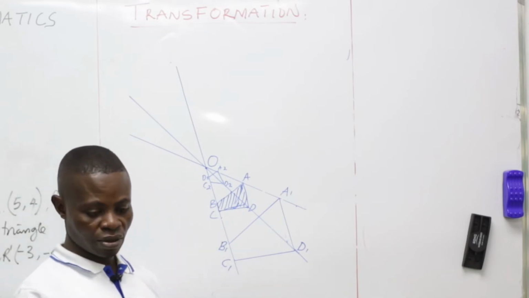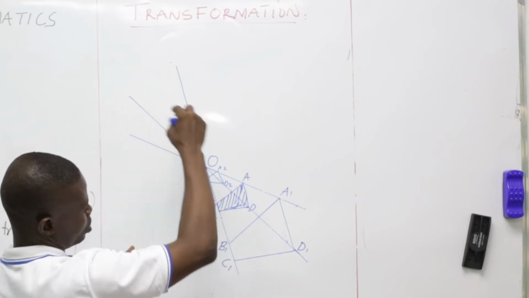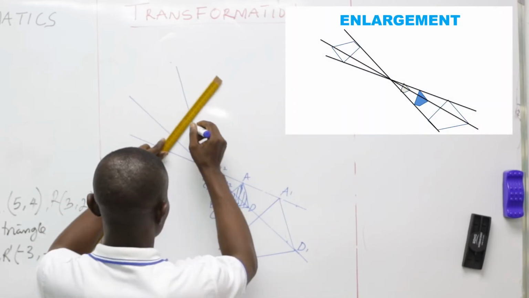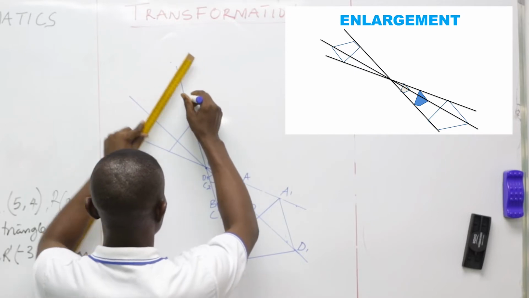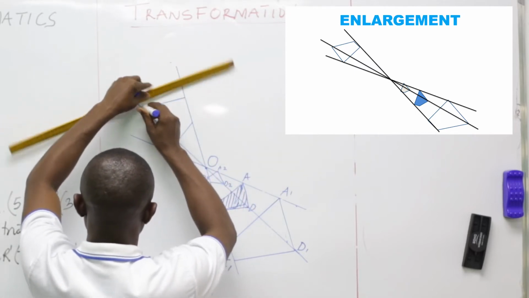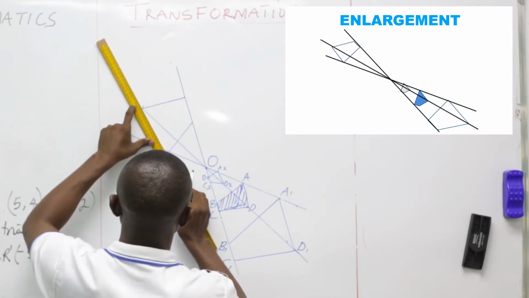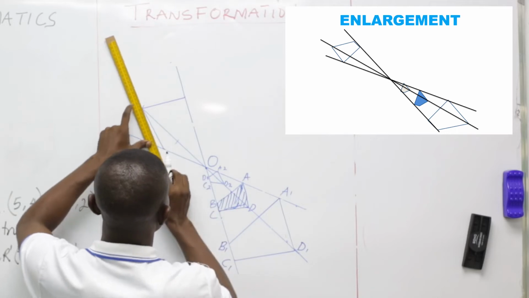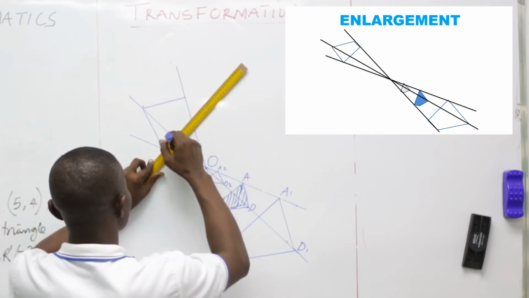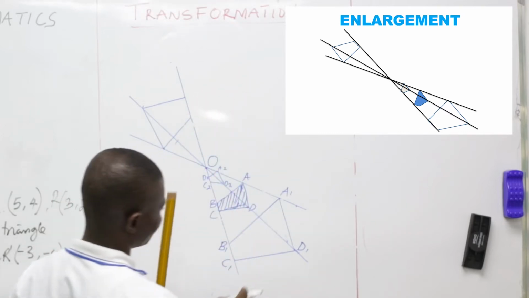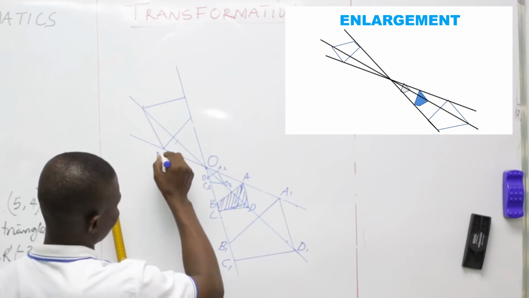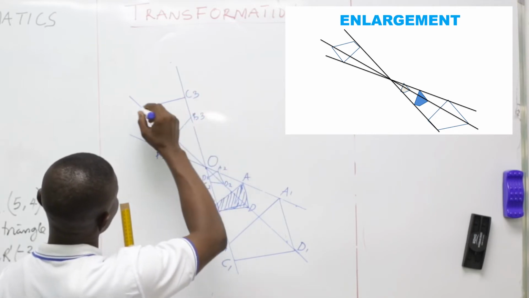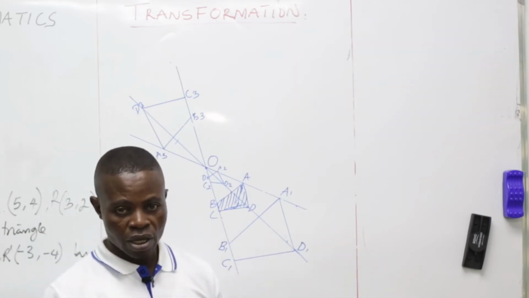This one is not painted. Then let's produce A3, B3, C3, D3.